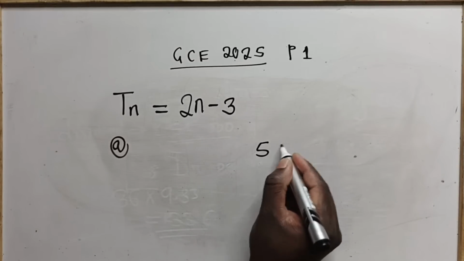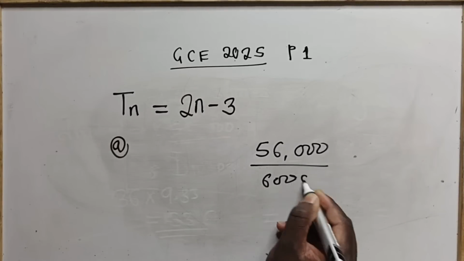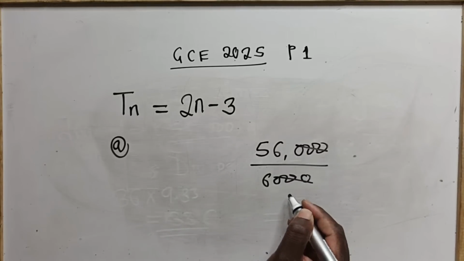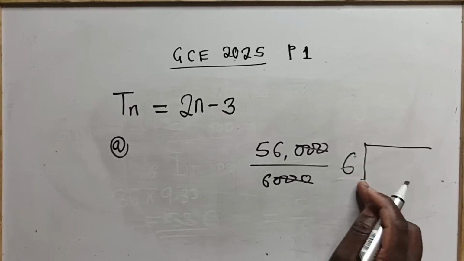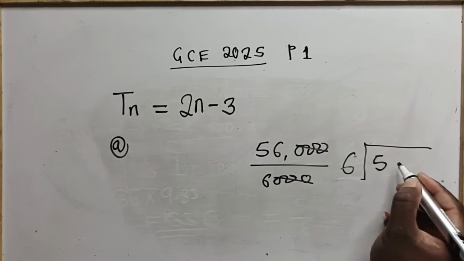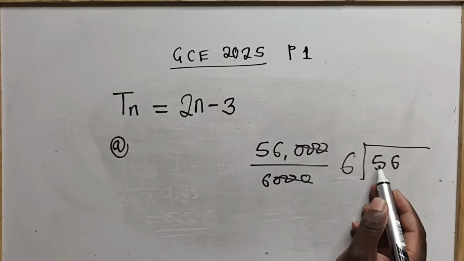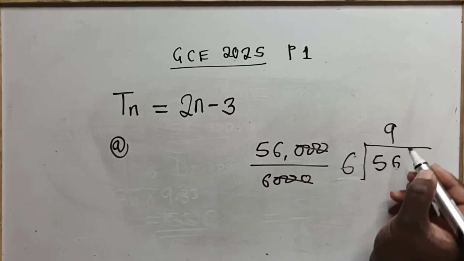There was 56,000 and there's a 6,000. The first thing is to cancel out the zeros, and then you do this if you're facing difficulties. There is a 6 here and a 56. So you say 6 into 56. That will give us a 9.